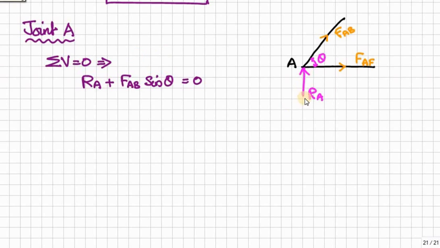But here RA is already an upward force, and the vertical component of FAB is also upward. So group them together and equal to 0, because there is no downward force. From this expression we can get the FAB value, because RA is known. Sin theta you can get from the geometry.